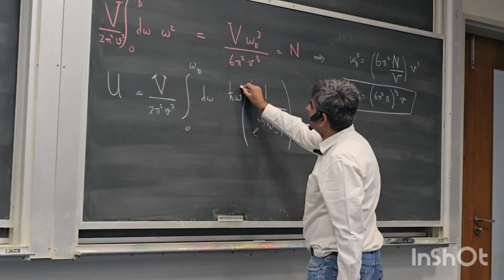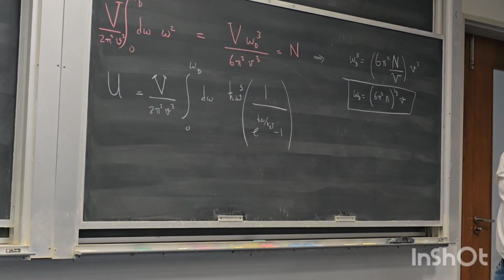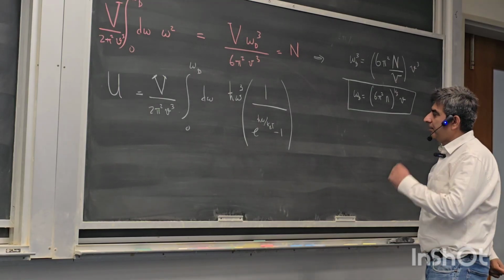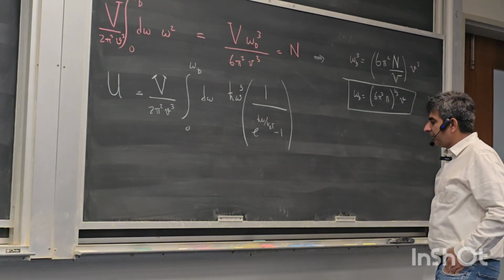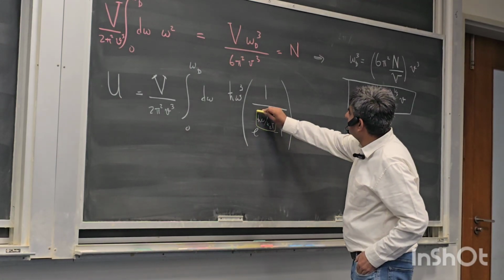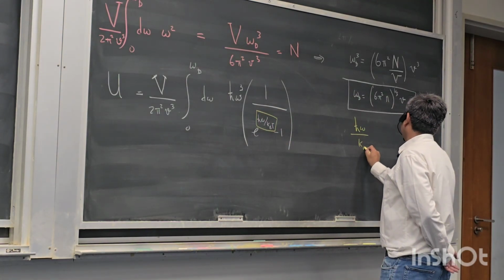So this will become omega cube. So this is my total energy inside the system. So what I would like to do is put this term, let's call this term x, equal to h bar omega over kBT.